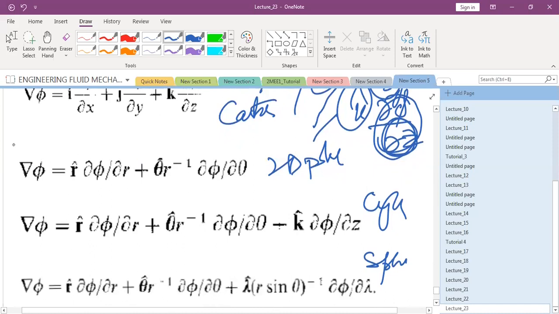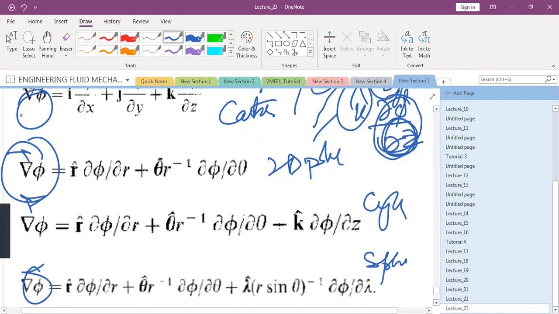So this is the del operator represented in all the coordinate systems. And this is very important as far as your potential flow is concerned, because we might be using different coordinate systems. Then if you want to compute the del operator in any coordinate system, you will simply use these end results. But you should be aware from where we have got these results.